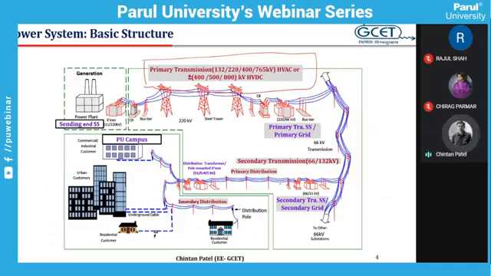It is very much essential to understand each and every component of the overhead transmission network so that the transmission line can be operated efficiently and the reliability of the power supply can be maintained. So in this lecture, I am going to discuss a few components of the overhead transmission network.